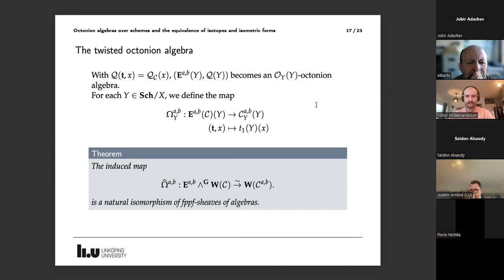And then we can define this algebra morphism. And our next theorem states that this algebra morphism will induce a map which is a natural isomorphism of sheaves of algebras.